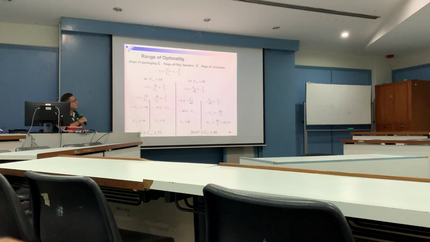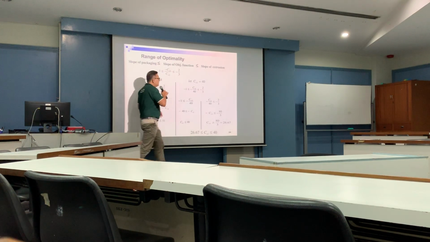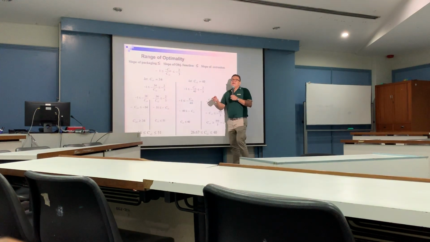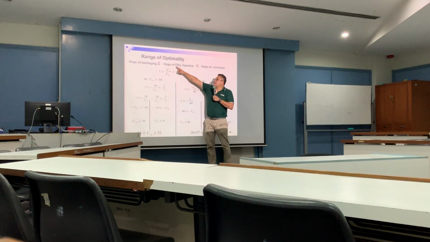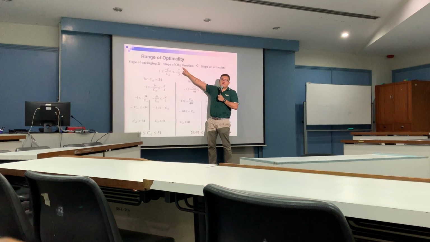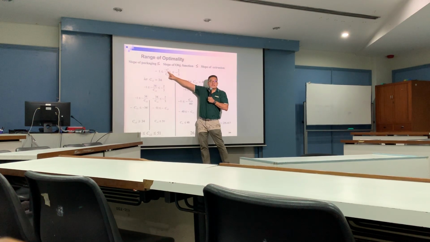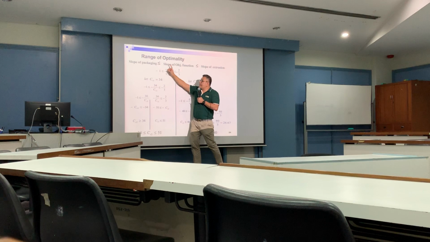So, if we want point C to still be your optimal solution, look at this slope of the objective function, or slope of the isoprofit line. This is the one that I just showed you. These two lines will be the slope of packaging and extrusion.